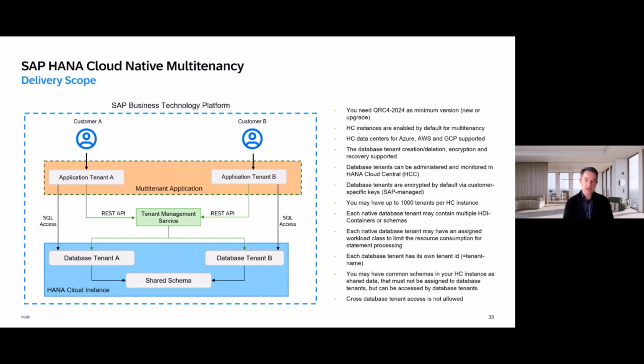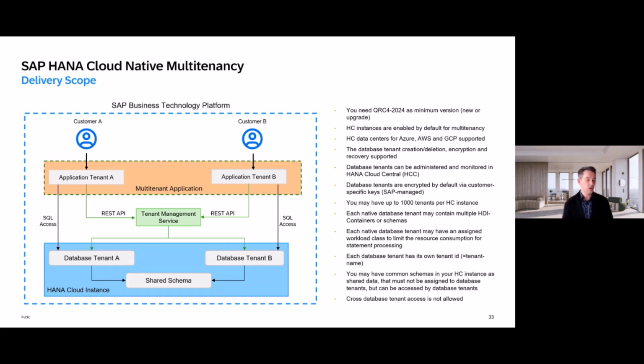On the right side, you see some of the scope details. So you need a Core C4 release as a minimal version for HANA Cloud Native Multi-Tenancy, or you upgrade to Core C4. With an older release, you will not have these capabilities for multi-tenancy. And when you have provisioned your HANA Cloud instance with Core C4, it's enabled by default.